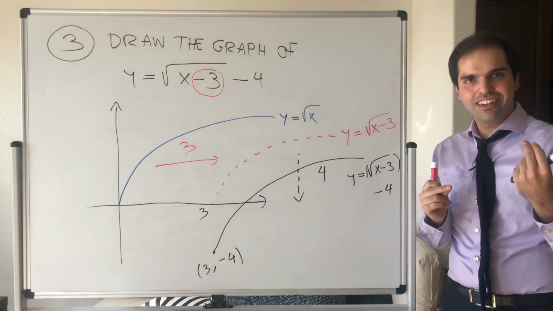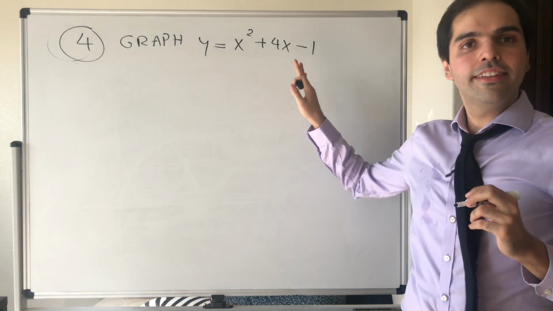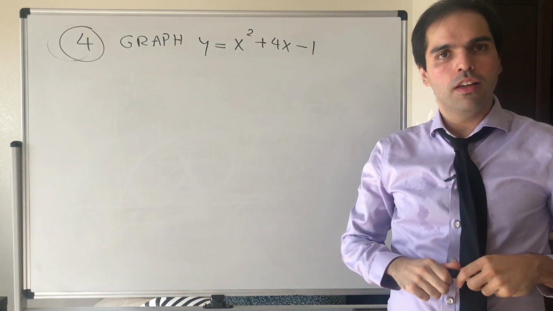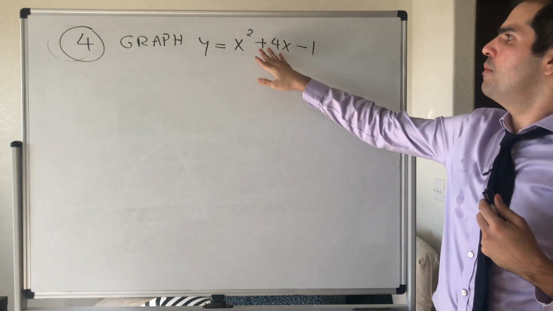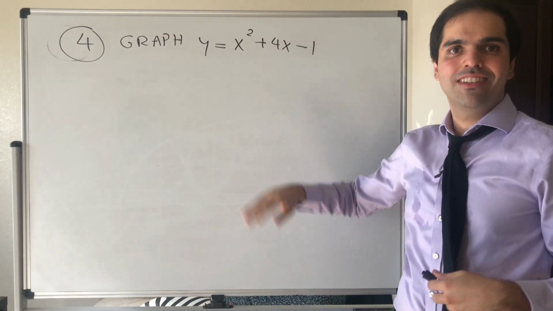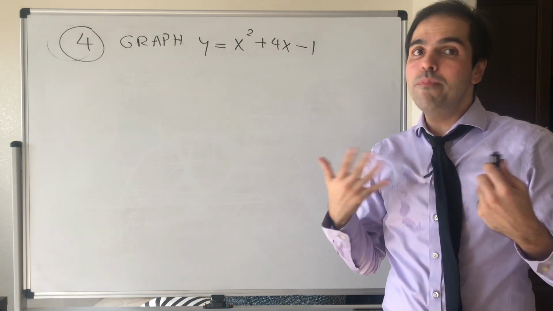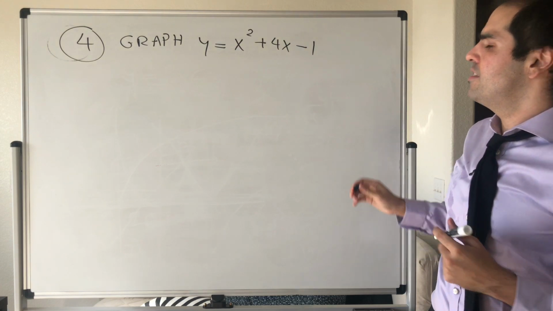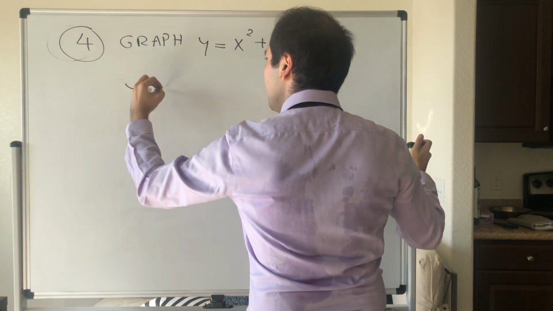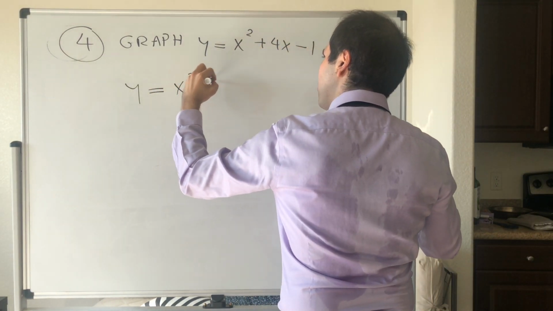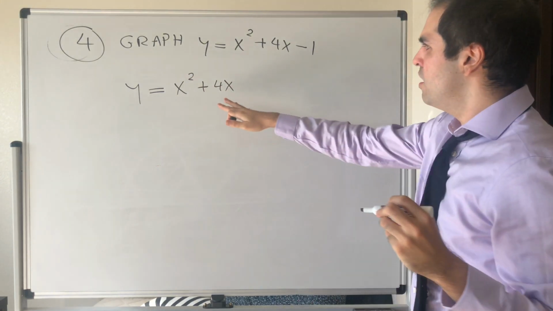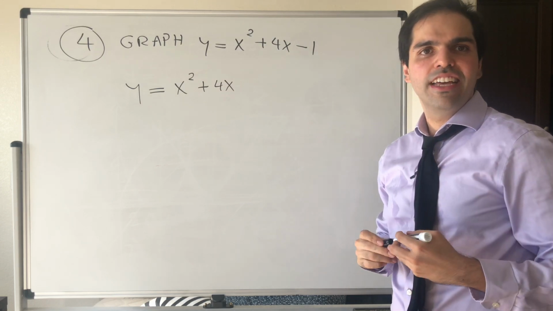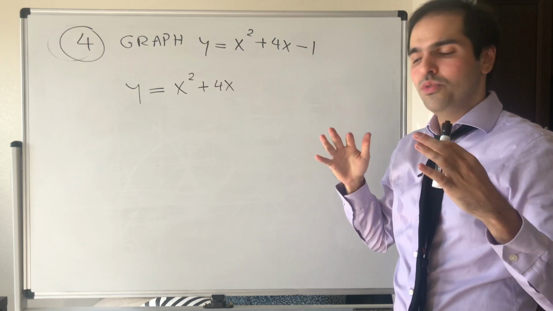All right, next question. Question 4, let's try to draw the graph of x squared plus 4x minus 1. Now, if you see those quadratic equation questions and they ask you to graph it, the best thing is just to complete the square. So we have y equals x squared plus 4x minus 1, but x squared plus 4x looks like the beginning of the expansion of (x plus 2) squared.